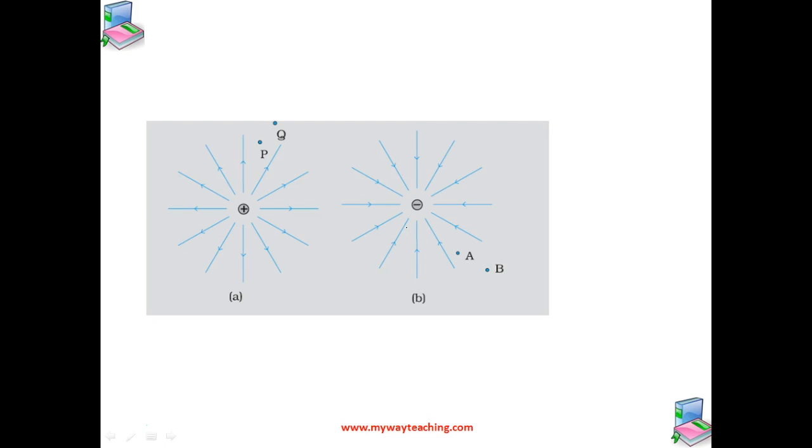So, the sign of potential energy difference of a small negative charge between Q and P is positive. And similarly, the sign of potential energy between A and B is also positive.